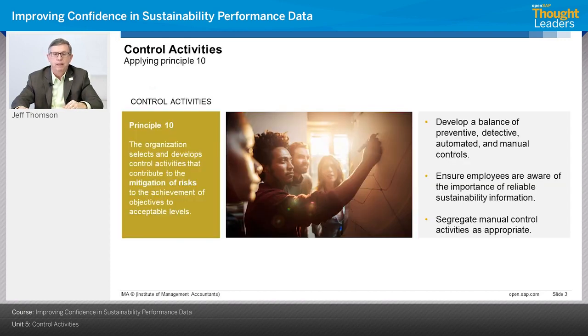Principle 10. The organization selects and develops control activities that contribute to the mitigation of risks. So this is what I said earlier. You identify a risk, a control activity is a specific task, and we're going to talk in a minute about segregation of duties, for example, that manages or mitigates that risk to an acceptable level. We develop a balance of different types of control activities.